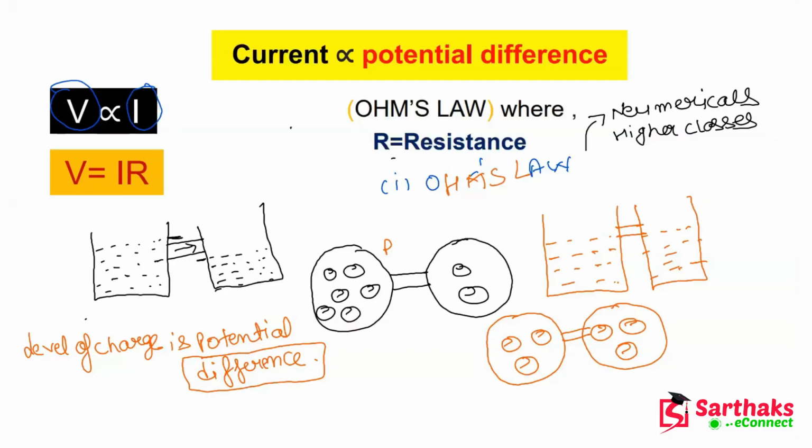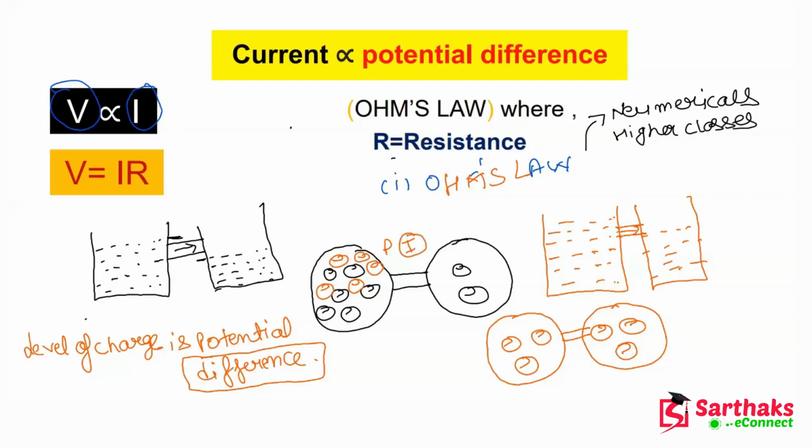Suppose in this condition, if I increase the water level, then the water will flow at a higher rate, very fast. And in this case also, if I increase the amount of charges, then the charges will also flow very fast. The rate of the flow of charges is known as current.